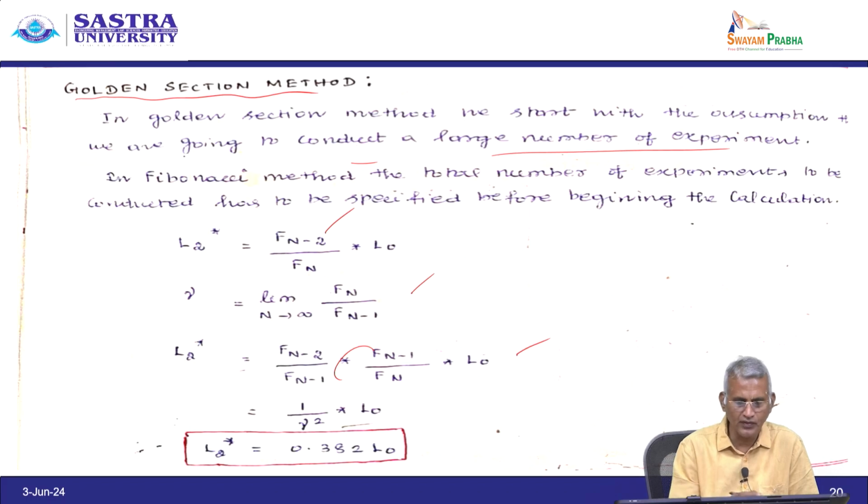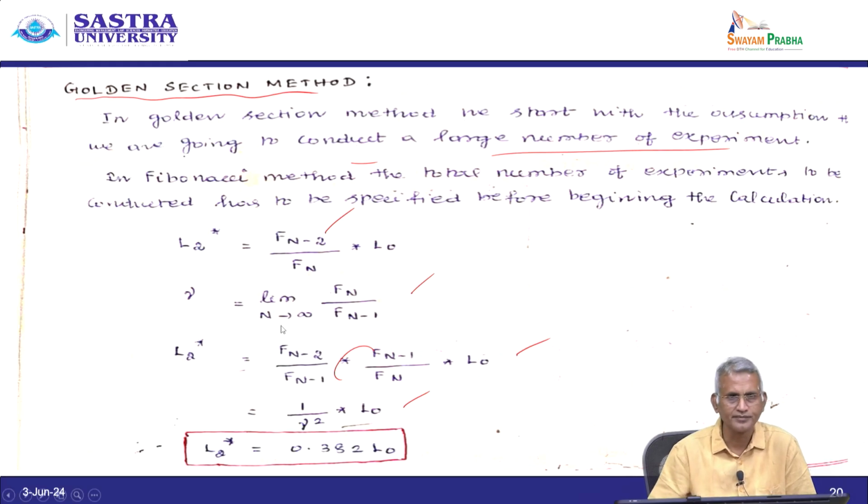Proceeding in this way, everything will be cancelled. Finally, we have 1 by the ratio squared into L naught. Now, the value is equivalent to L2 star equal to 0.382 L naught. So, this is called the Golden Section method.